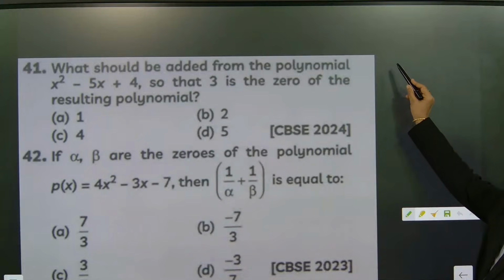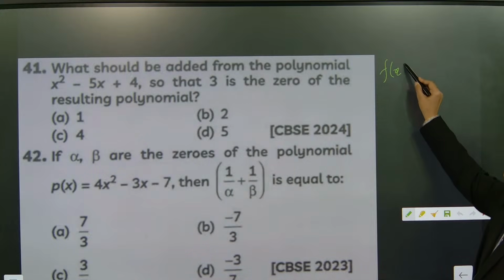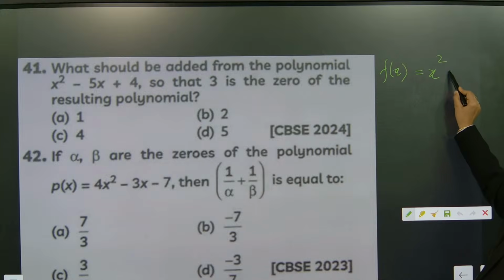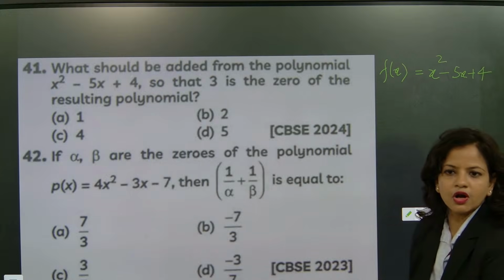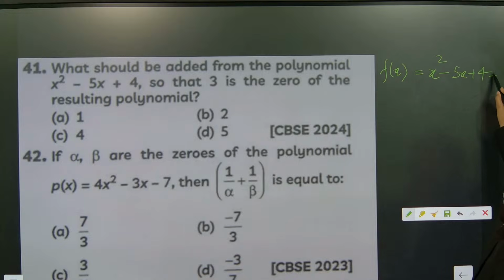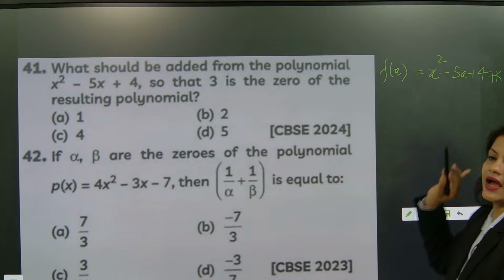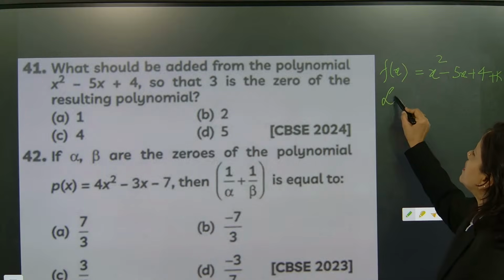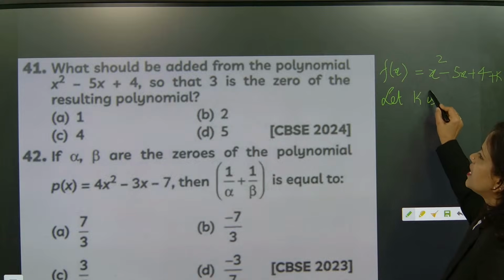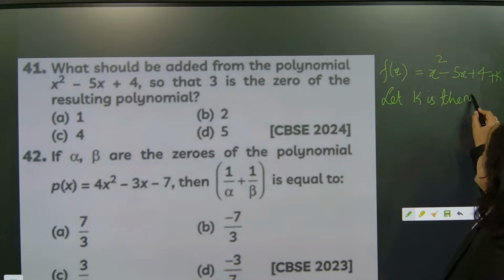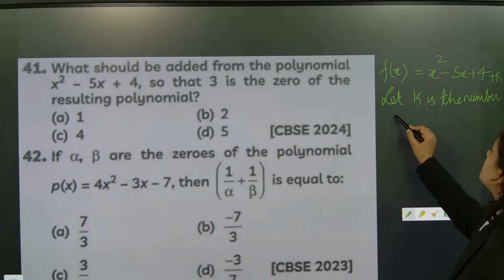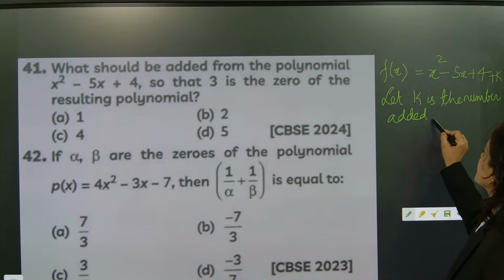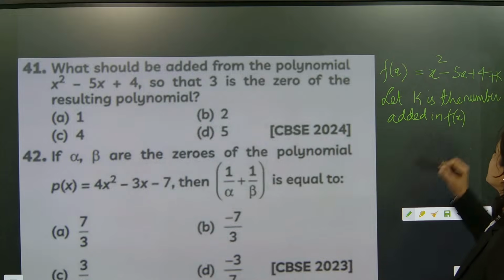We will add k. So here f of x is equal to x square minus 5x plus 4. Understood or not? Now what did we add? k is added. So let k be the number added in f of x.